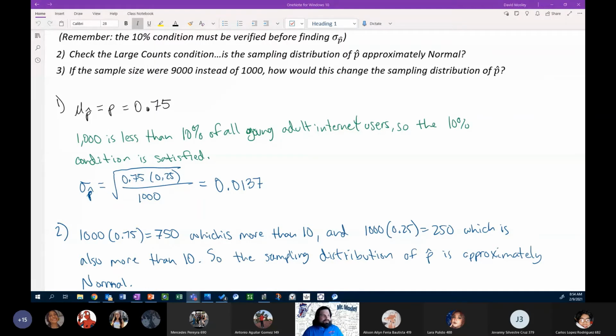The 0.25 is 1 minus p. Remember, this 0.25 right here is 1 minus p in our standard deviation formula, which is p times 1 minus p over n. That's what I was saying earlier.